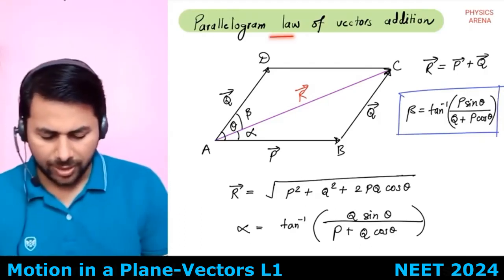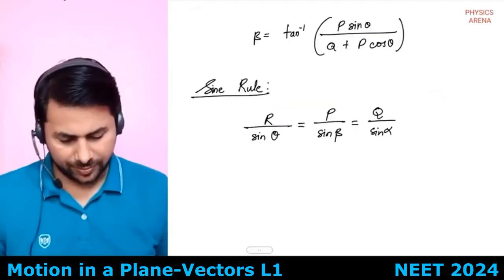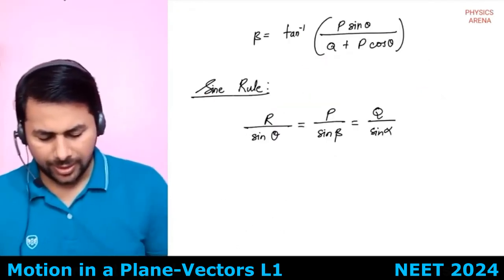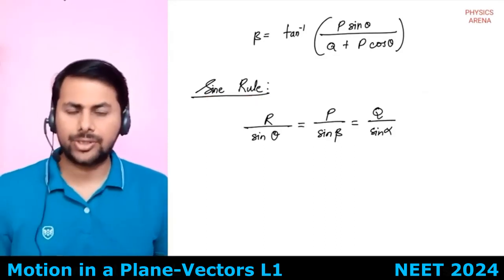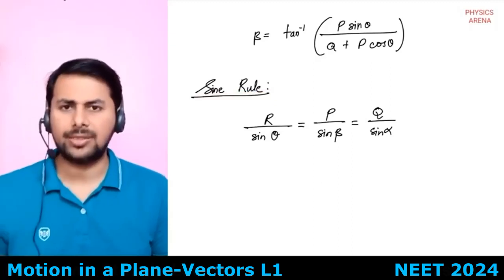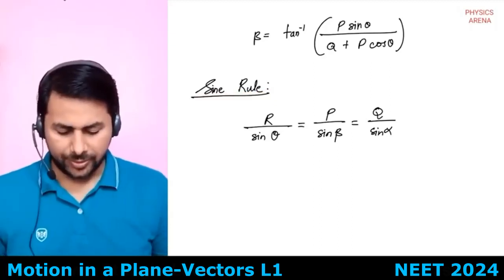So this is the parallelogram law of vectors addition. I wrote that formula here, and there is another rule which might be useful sometimes, known as the sine rule. So what is the sine rule?